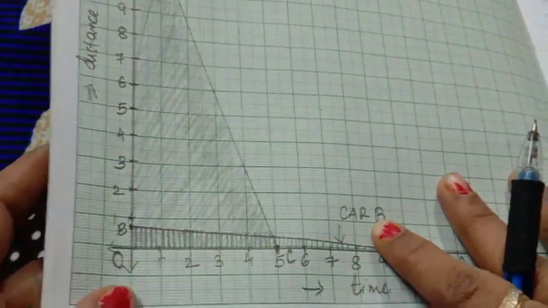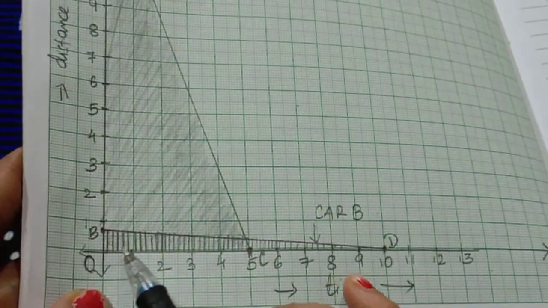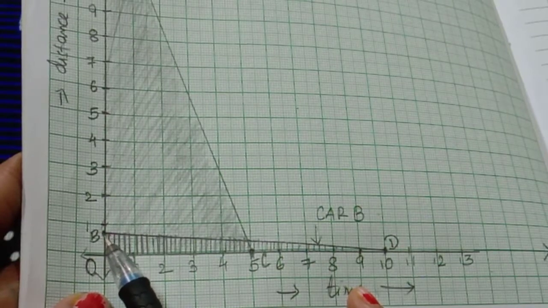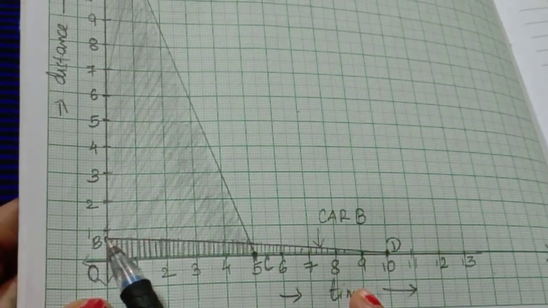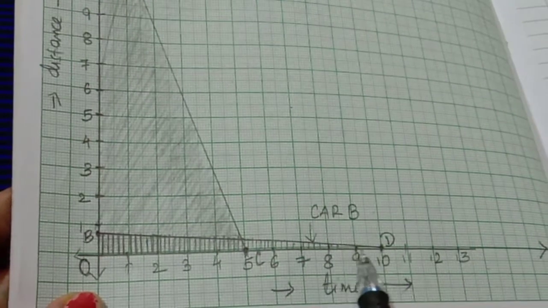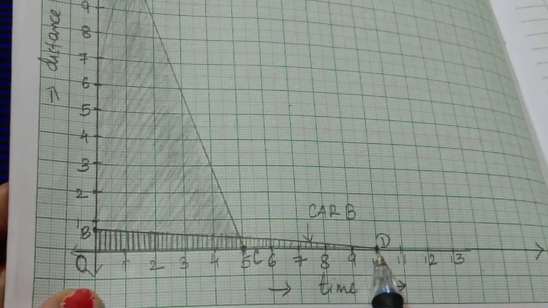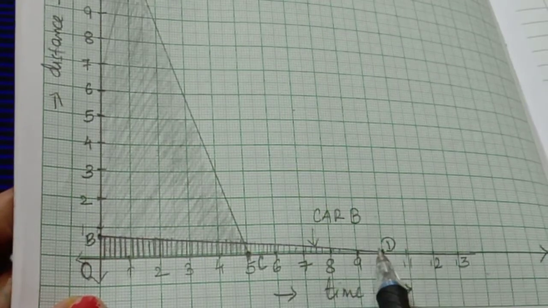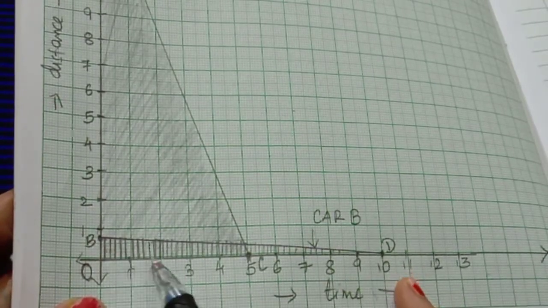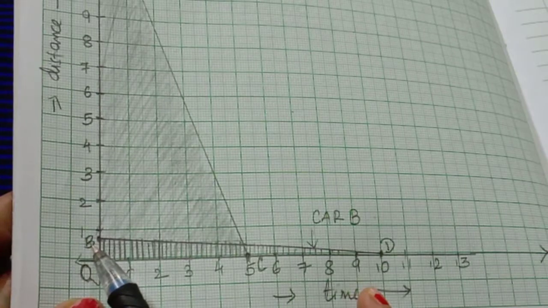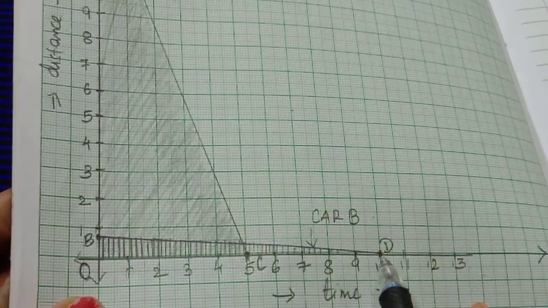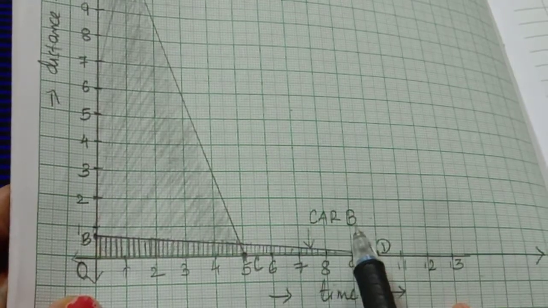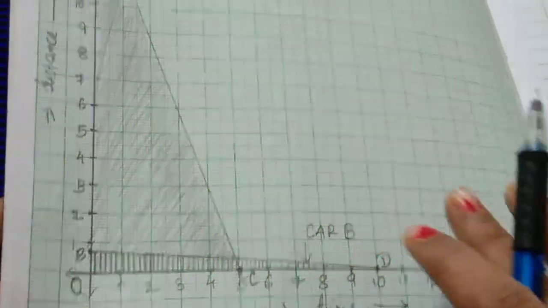You will be getting a very small triangle. You can have 0.8 and join it with 10, 1 2 3 4 5 6 7 8 9 10. Give the name B here, O is already there, and here you can write D. So your new triangle will be BOD for car B. This much you keep ready.